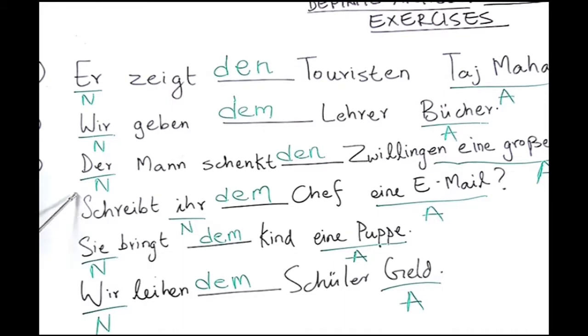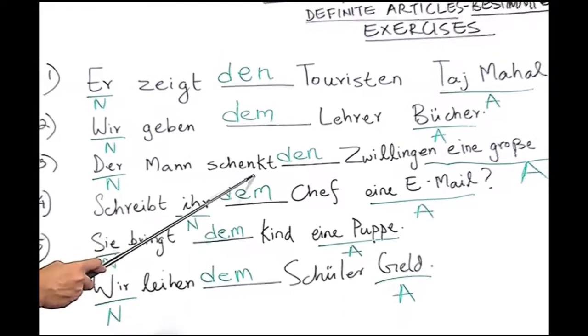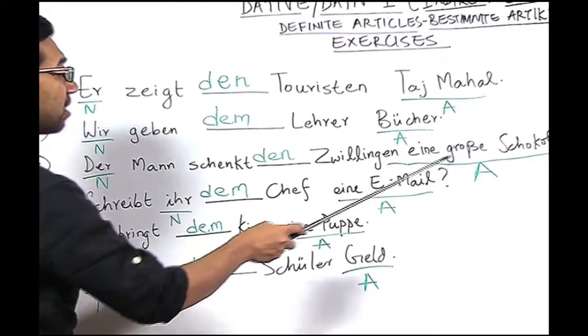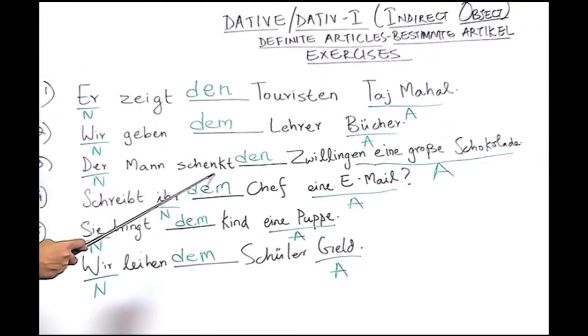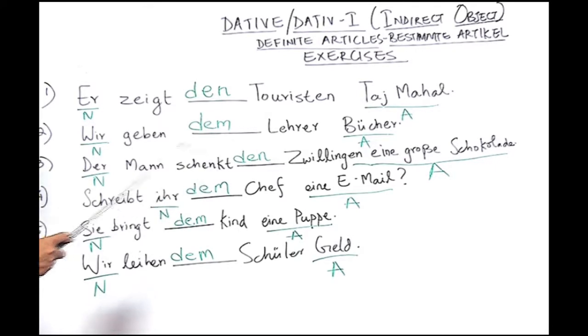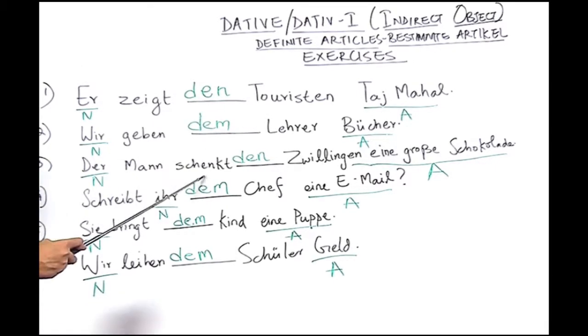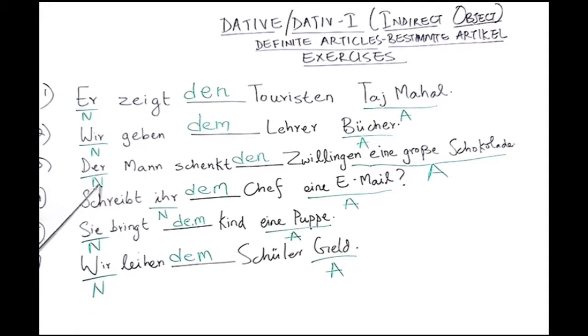Now, in sentence number 3, der Mann schenkt Zwillingen eine große Schokolade. Here we have the verb schenken, which means to gift, and the verb is conjugated according to the noun Mann, which is der Mann, and as you can see, the student has correctly written the nominative marker here, n.